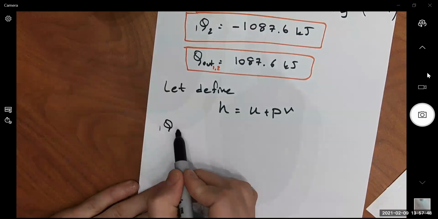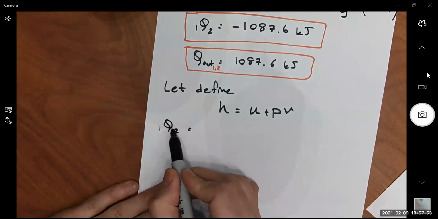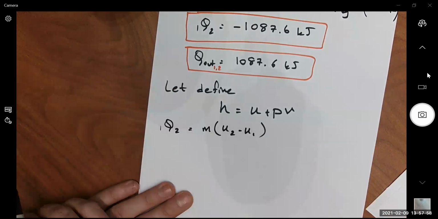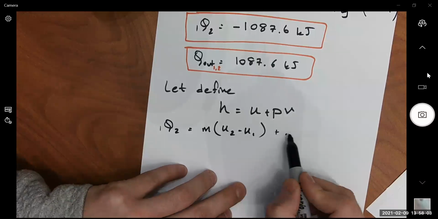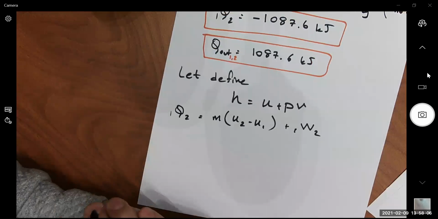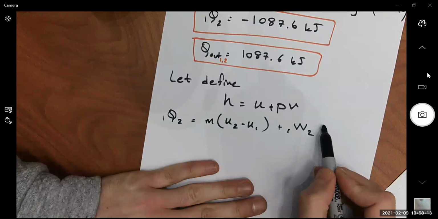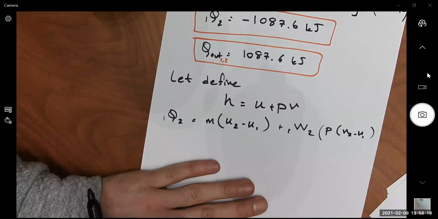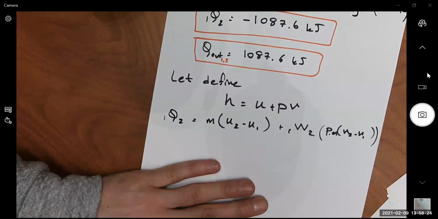In the first law of thermodynamics, Q from state 1 to state 2 equals the change in internal energy stored in the system, M times U2 minus U1, plus the work interaction from state 1 to state 2. Work equals P times V2 minus V1.